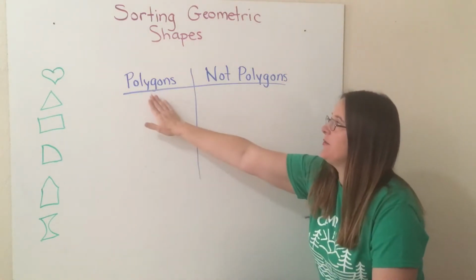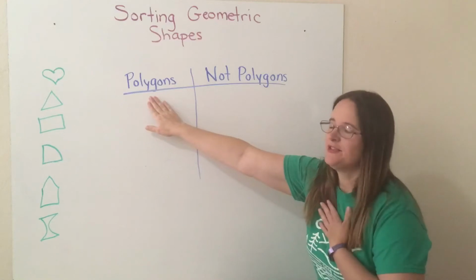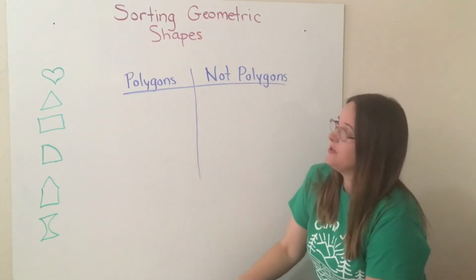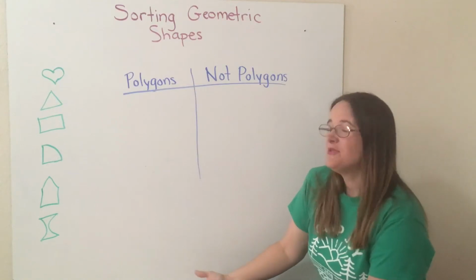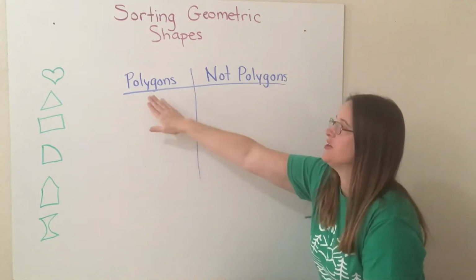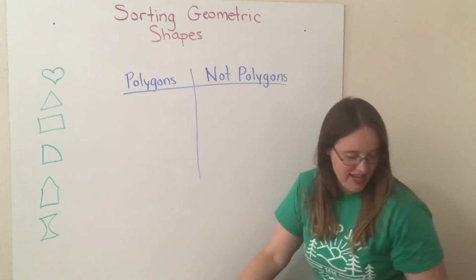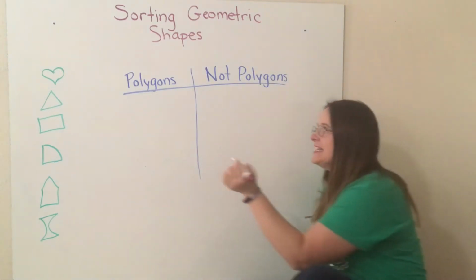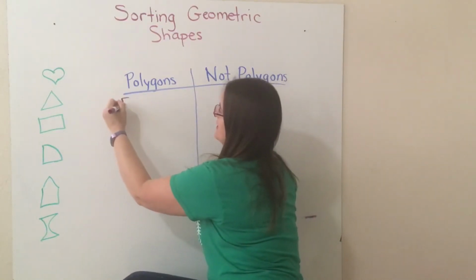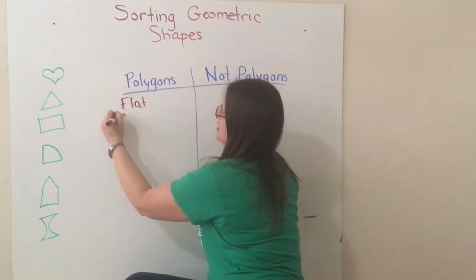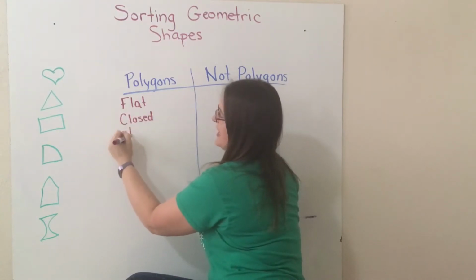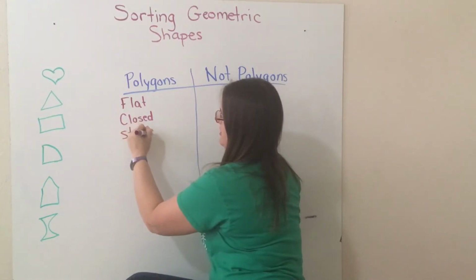So today we have a vocabulary word, polygon. In order for you to do this first example with me, you need to know what a polygon is. A polygon is a flat, closed, straight-edged shape.